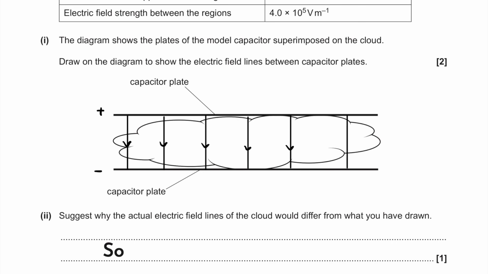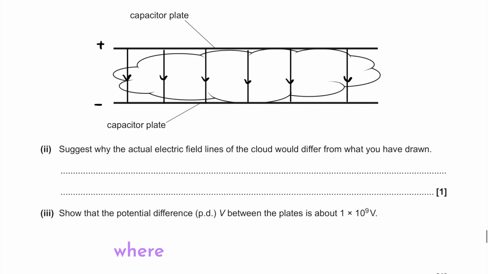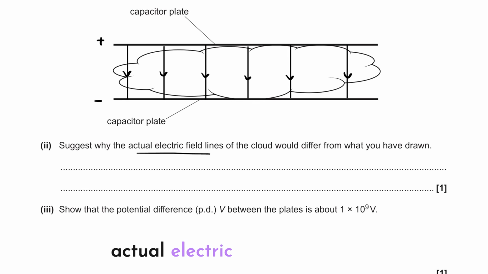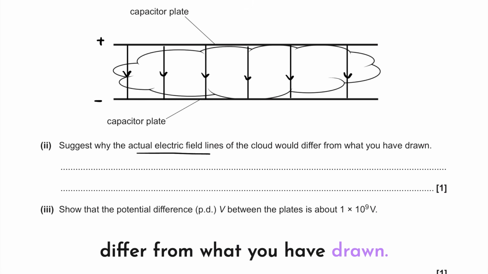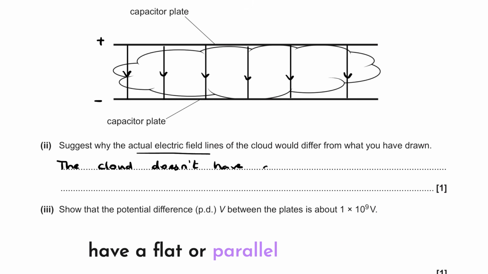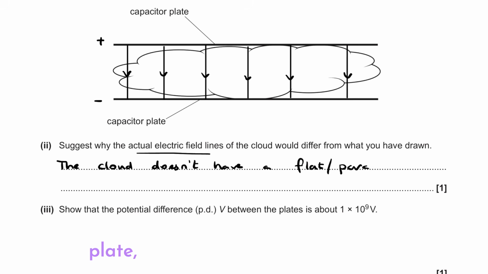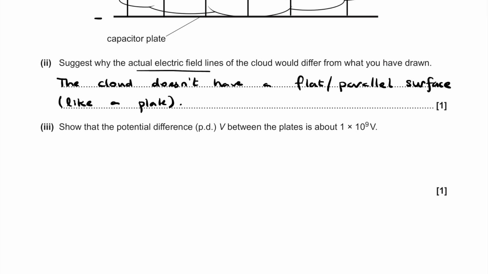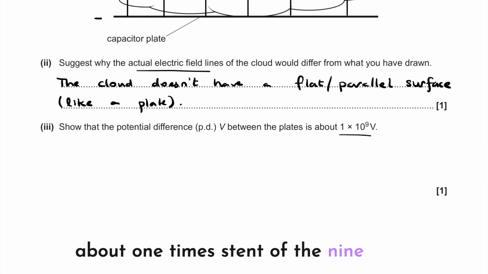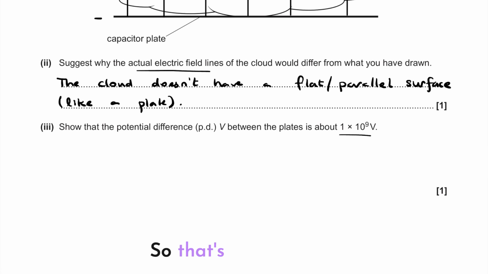Let's move on to the next part where it says, suggest why the actual electric field lines would differ from what you have drawn. That's because the cloud doesn't have a flat or parallel surface like a plate. It says, show that the potential difference V between the plates is about 1 times 10 to the 9 volts. That's an easy one.